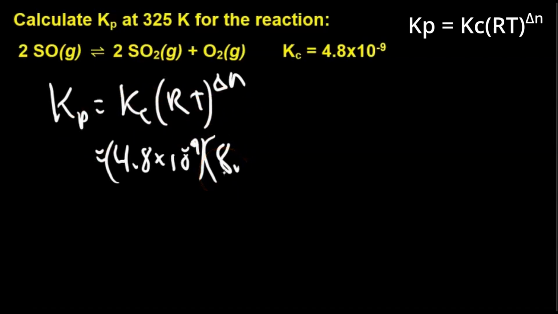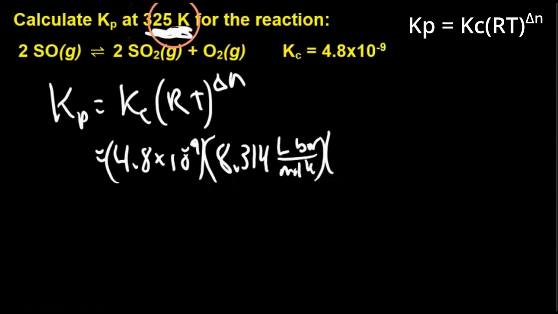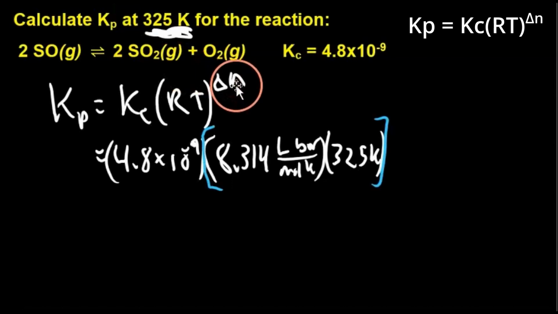8.314, what is this? Liters bar per mole Kelvin. And the temperature is 325 Kelvin. Make sure this is always in Kelvin. If it's in degrees Celsius, you need to convert to Kelvin. And all of this is over the change in moles.